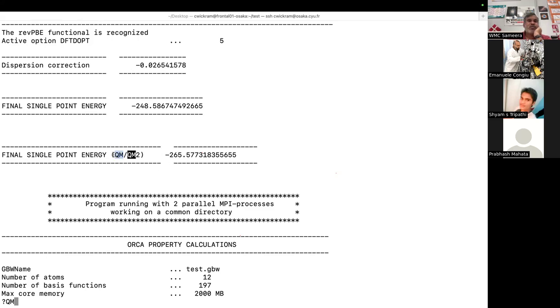It says QM2 because XTB is not really molecular mechanics. It is a quantum mechanical method, so we basically combine two quantum mechanical methods. That's why it is saying QM and QM2.